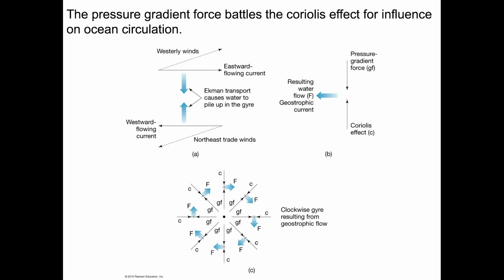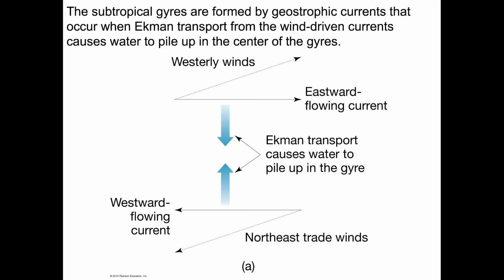So let's throw in some additional complications here. The pressure gradient force is going to come into play here. It's going to fight the Coriolis effect to influence the ultimate ocean circulation. So again, here we have the example of westerly winds flowing in this direction, west to east. There's an offset between the ocean surface current and that wind caused by the Coriolis effect.